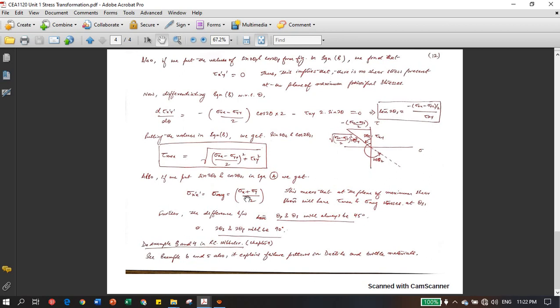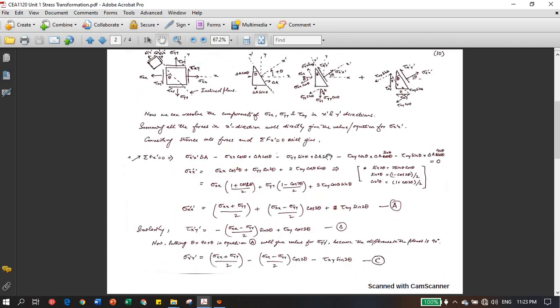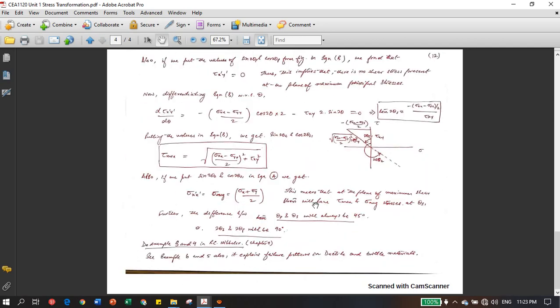So theta s indicates that at a certain plane angle theta s, the shear stress will be maximum. And one thing more: if we put the values of sin 2 theta s and cos 2 theta s in equation a, the normal stress, we get sigma xx plus sigma yy by 2.